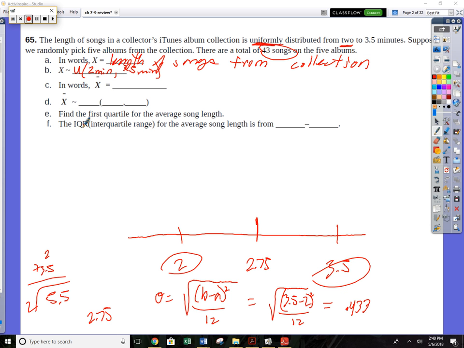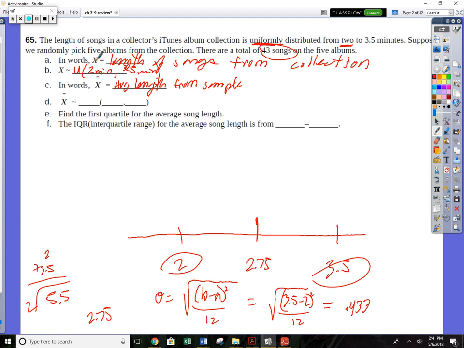X bar comes from a sample of the original distribution, and now we're talking about the average song length from that sample.